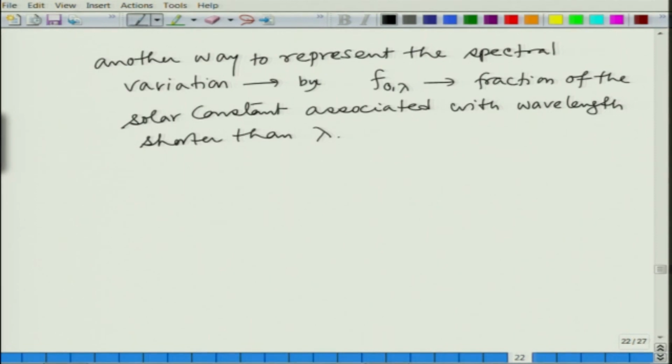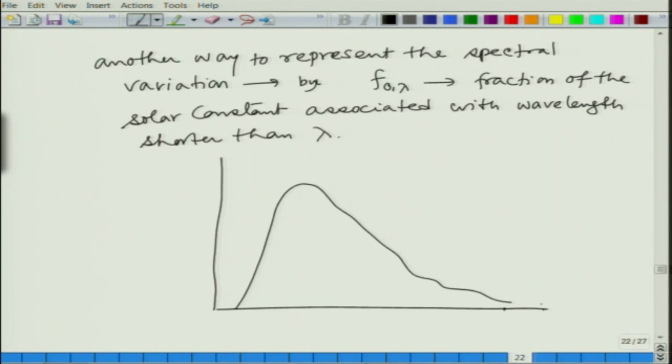Okay. So, it is basically you are trying to find, okay, again if we have this particular form of the spectral irradiance, and then let us say we want to know f lambda at this particular lambda. Okay. So, what is that? So, this is the area under the curve which is shorter than the wavelength lambda. Okay. And what is ISC?